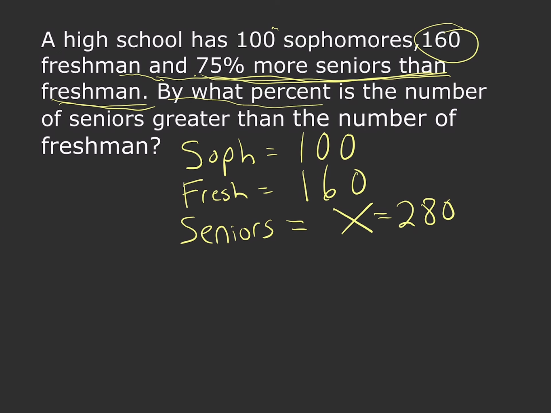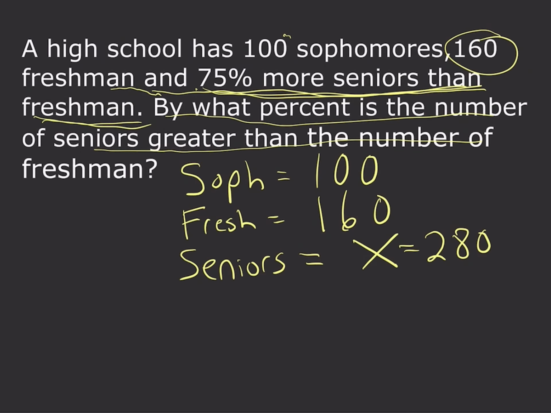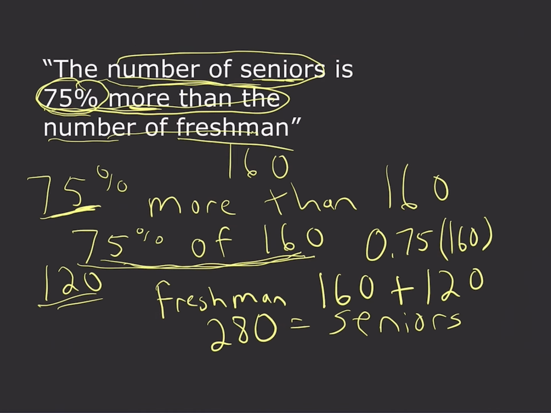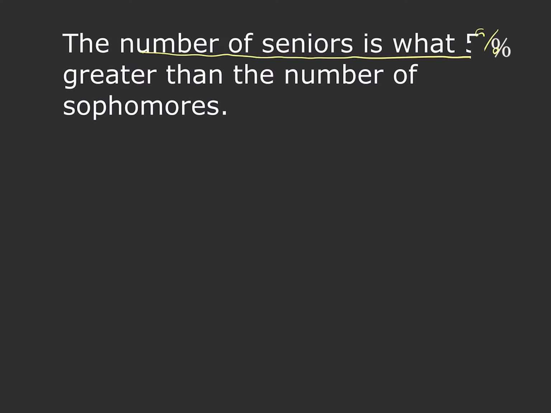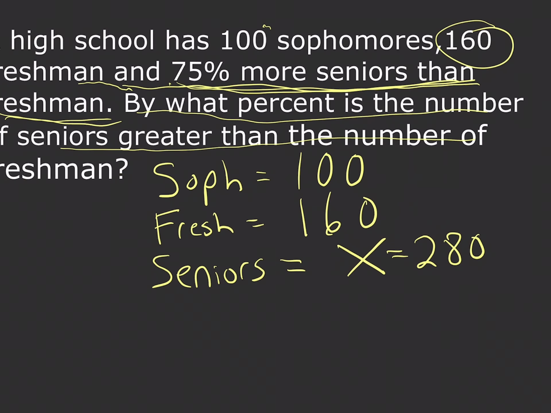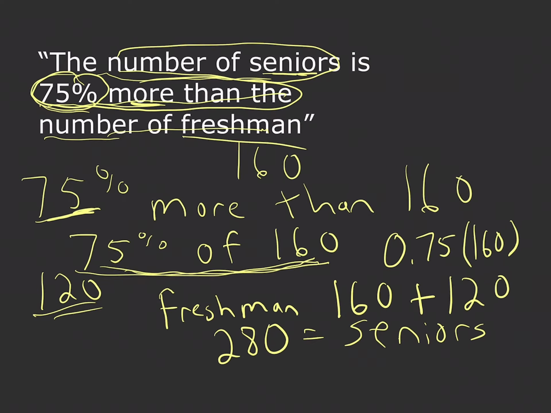By what percent is the number of seniors greater than the number of freshmen? Actually I made a mistake on that. I meant to say, by what percent is the number of seniors greater than the number of sophomores? Reword it to: the number of seniors is what percent greater than the number of sophomores. Now let me bring in my numbers. The number of seniors is 280, and sophomores were 100.